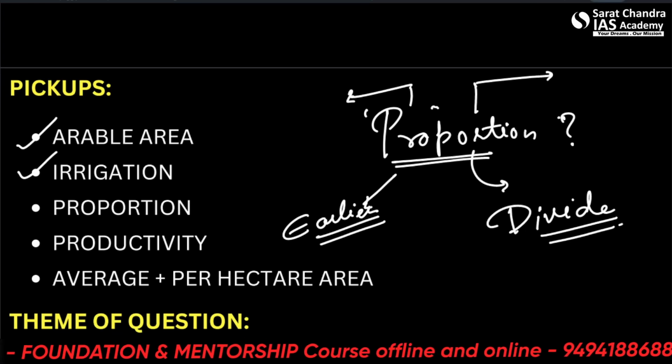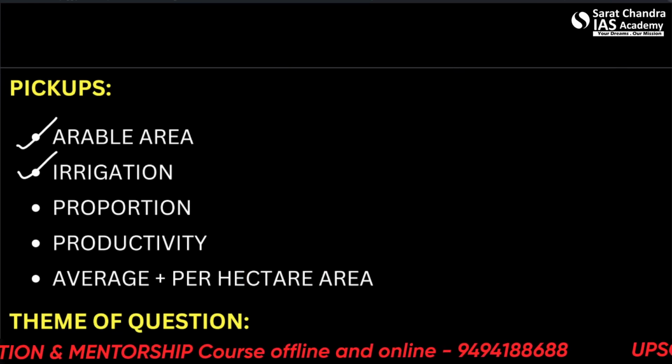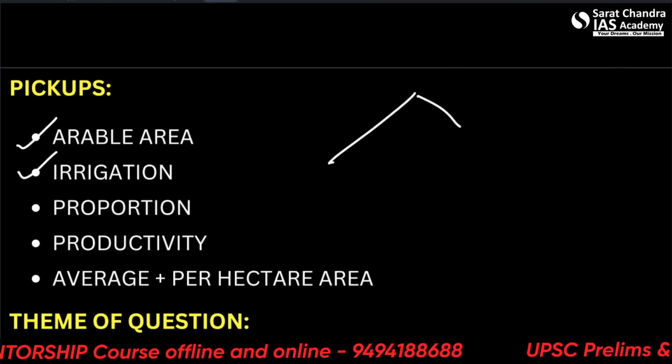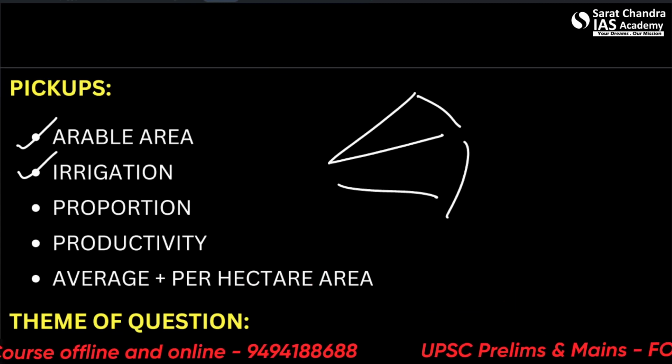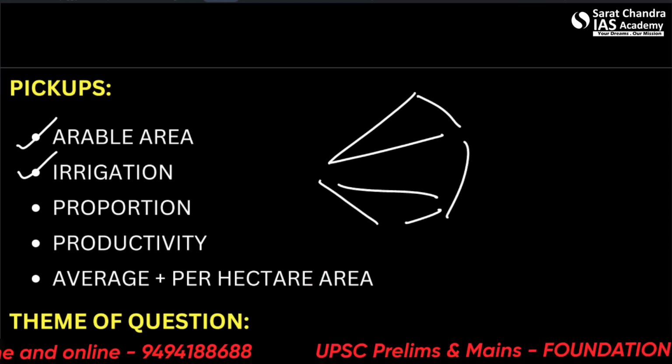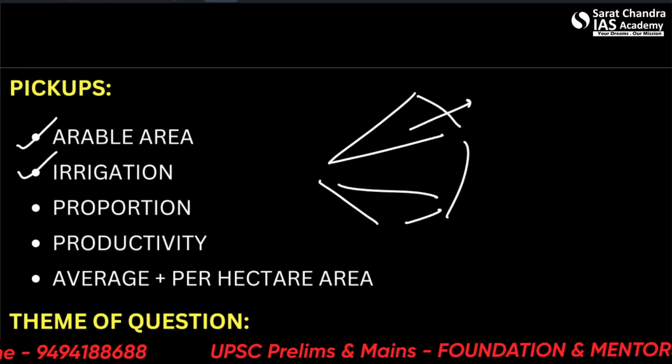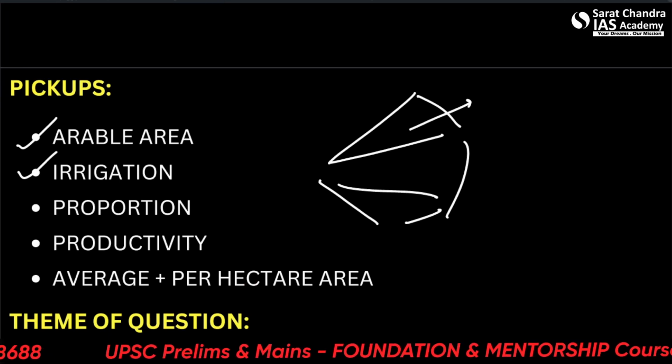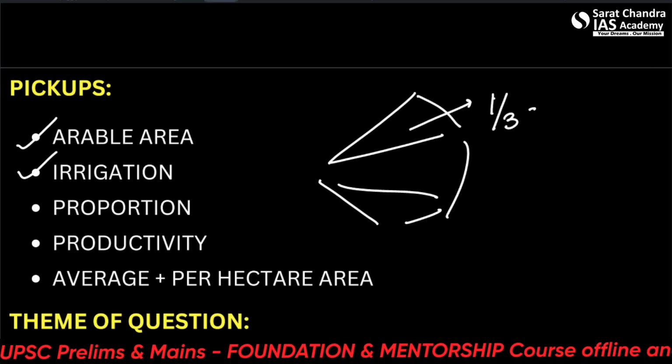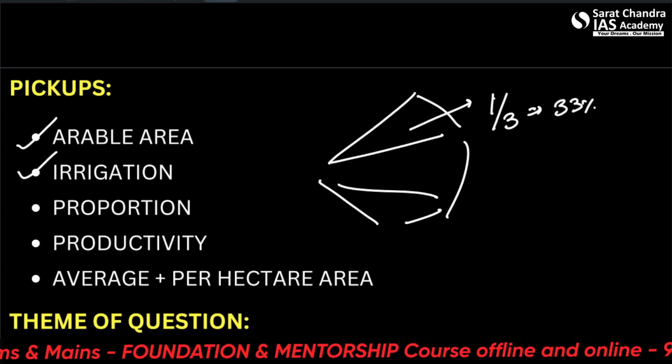So proportion means the state of a division before the division itself. Let's say this slice of this total area is 1 of 3 or 33%.